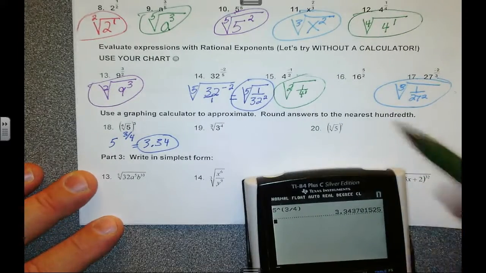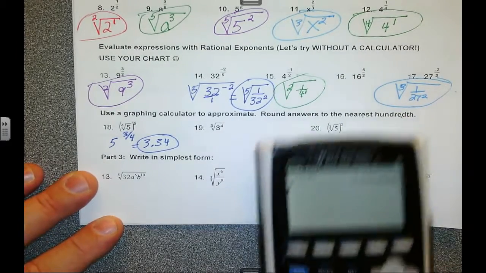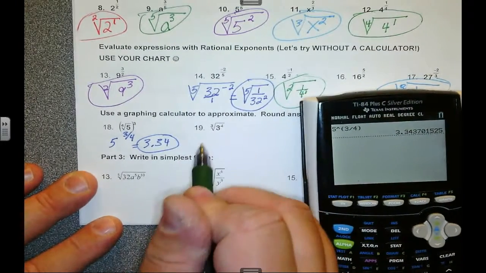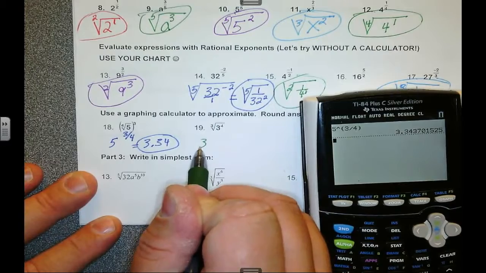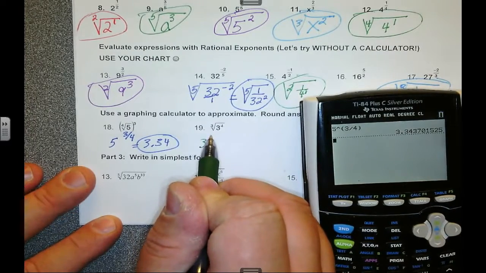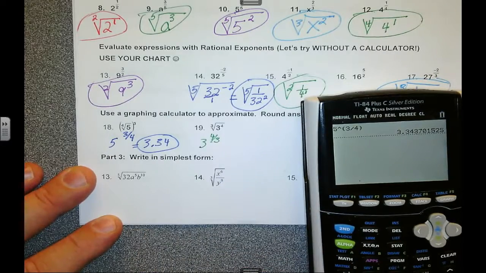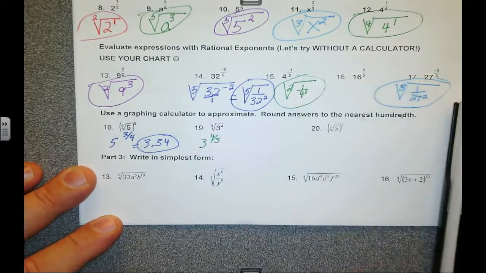Round your answer to the nearest hundredth. 3 raised to the exponent over index. 4.33.